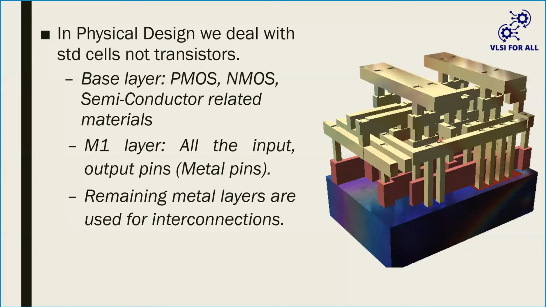So it is like an apartment culture. In the ground floor or cellar, the devices might be there. The connections come from the first floor, second floor, third floor, again second floor, first floor, and again to the cellar. The connections go this way. Here is a simple figure showing that the blue color contains all the PMOS, NMOS related devices, and the connections from there like metal pins and then connections like that.